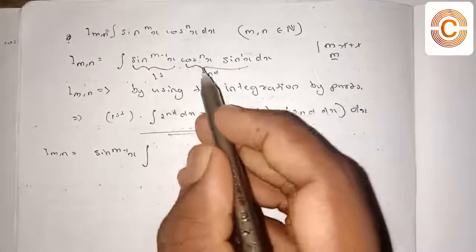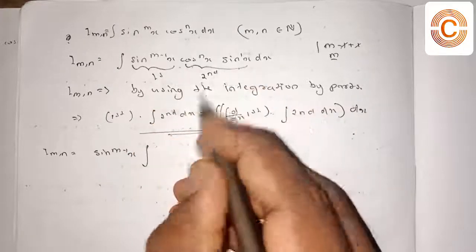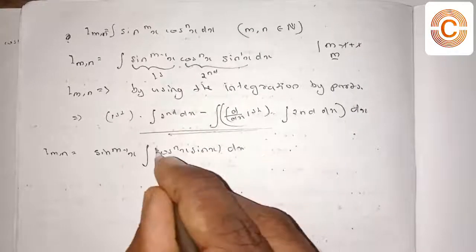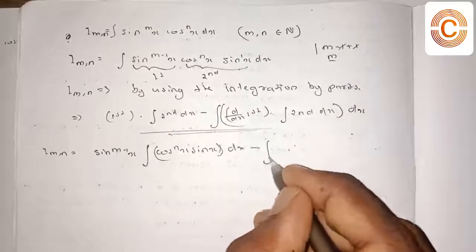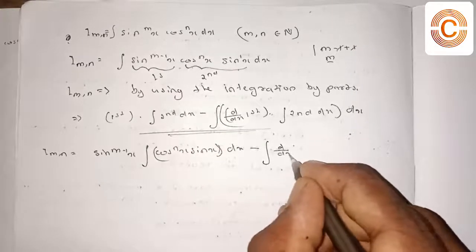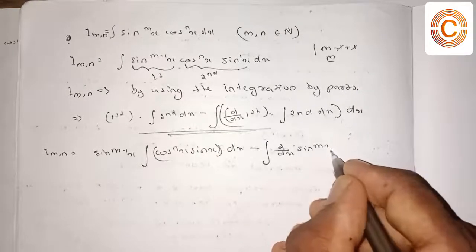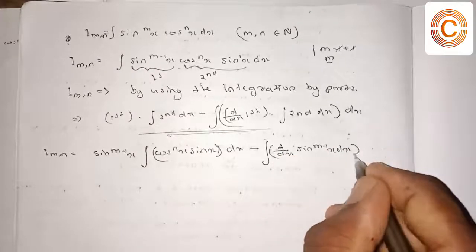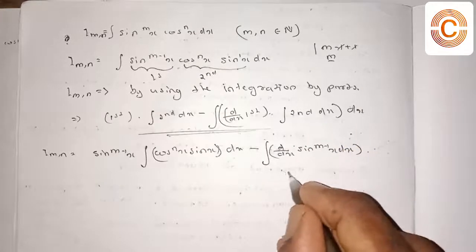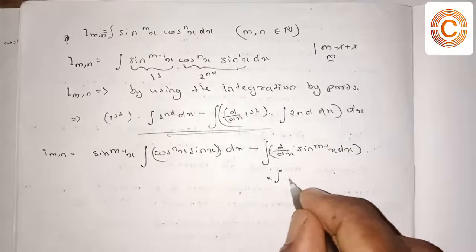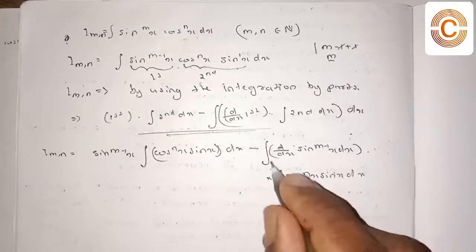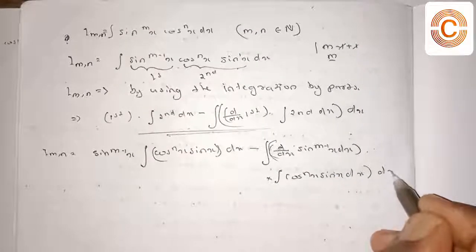The integral of the second is the integral of cos raised to n x sin x dx, minus the integral of d by dx of the first function, that is d by dx of sin raised to m minus 1 x, into the same integral of the second term, the integral of cos raised to n x sin x dx, and put the whole dx.